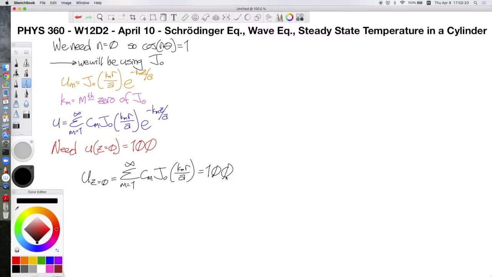So effectively what we're about to do, on another brand new slide, is expand the function 100 in a series of Bessel functions rather than a series of sines and cosines as a Fourier series.